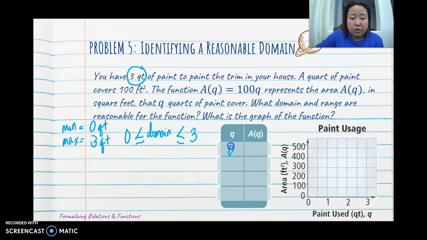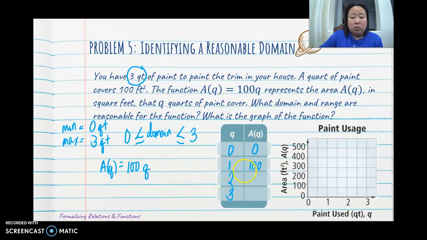If we have 0, 1, 2, and 3 quarts, how much area could be covered by each? Remember our equation, A of Q is 100 times Q. If Q is 0, then 100 times 0 is 0. If you have 1 quart of paint, you can cover 100 square feet.